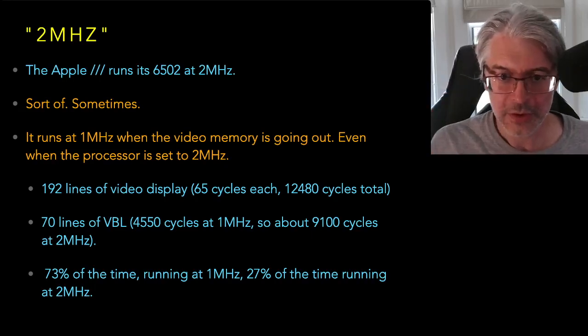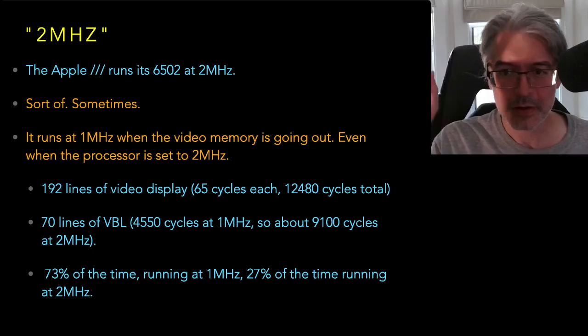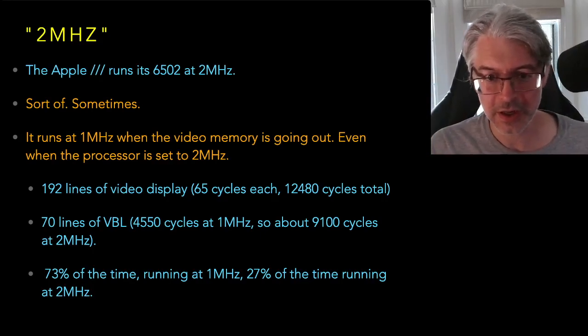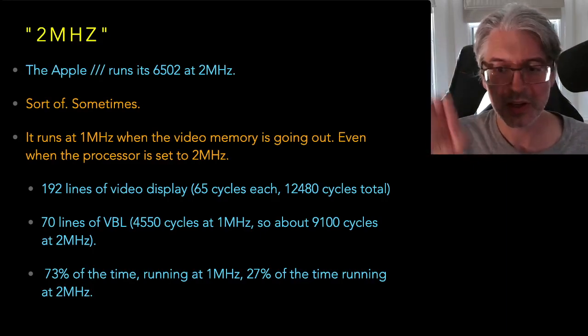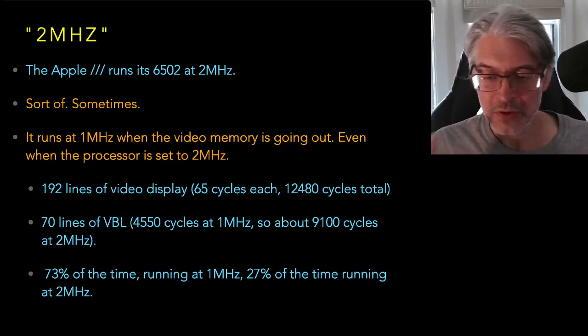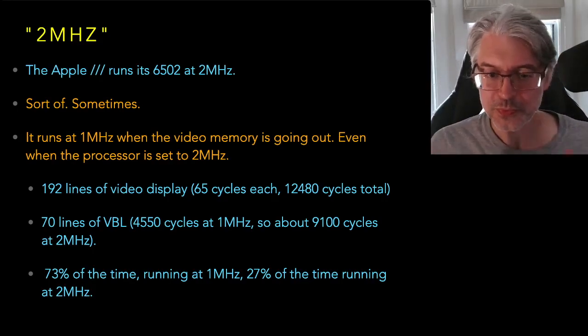There's 192 lines of video display. They have 65 cycles each, so that's 12,480 cycles while it's drawing the video down. Then the vertical blanking takes the equivalent of 70 lines, which at 1 megahertz is 4550 cycles. If it's running at 2 megahertz, then that's about 9100 cycles.